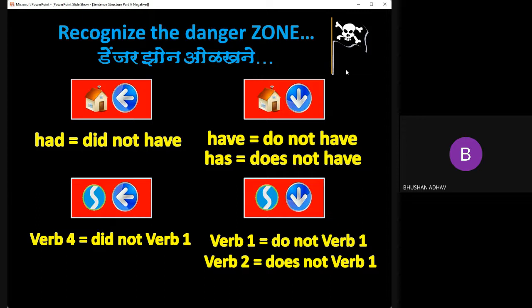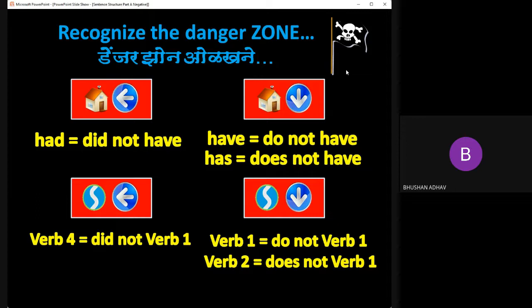So don't focus on what is before had and what is after had. Wherever you see had, check what the word after had is. If it is a verb, then put not after had. She had gone to Mumbai, after had gone. So this is not danger zone, it is normal zone.